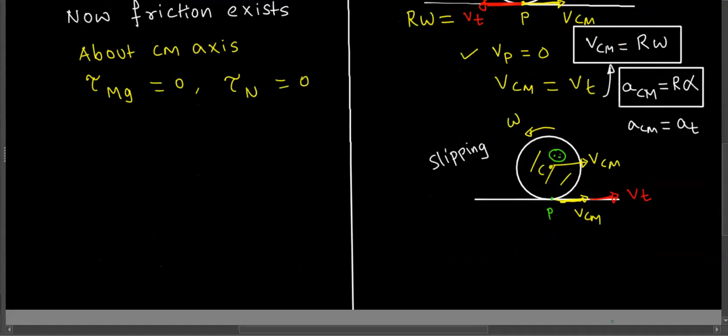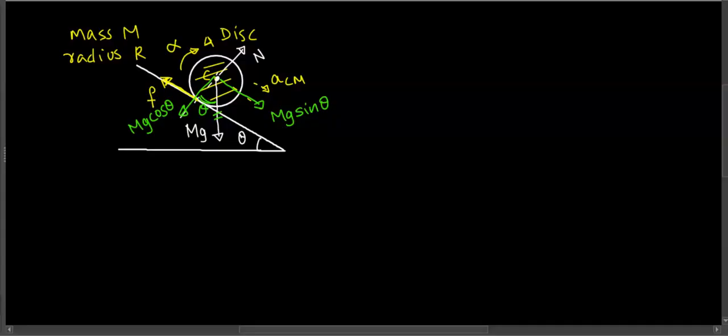Let's say two equations. One, down the incline. Maybe I'll do one thing. Let me back it up. So here, to get the acceleration of center of mass and angular acceleration, we're just applying Newton's laws of motion.